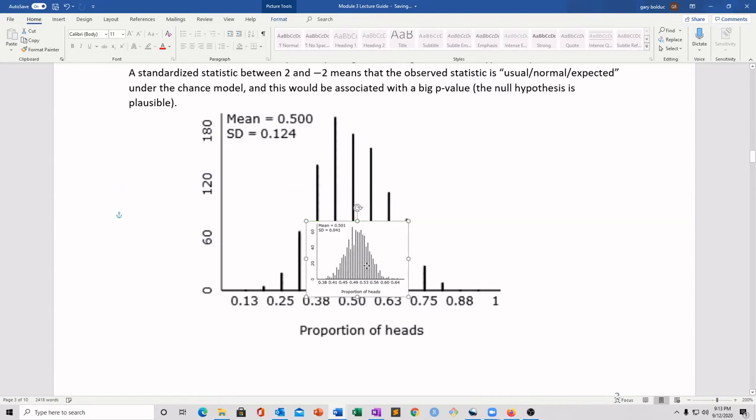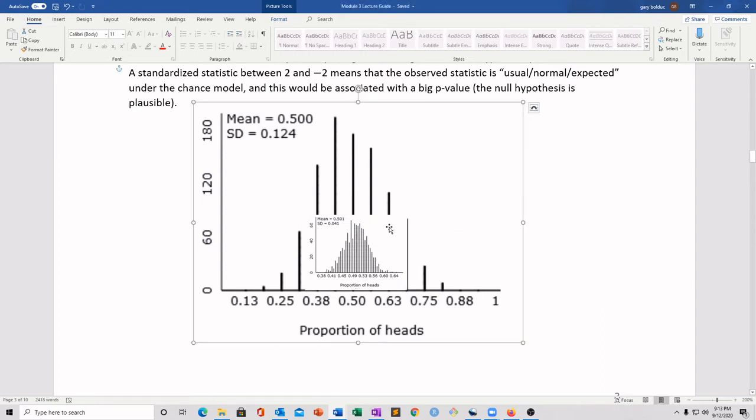Look at this. All of these dots fit into this little box in terms of their spread. All of these dots fit in between 0.38 and 0.64. Every single simulation I had gotten had a statistic between 0.38 and 0.64. That range is really not that big.